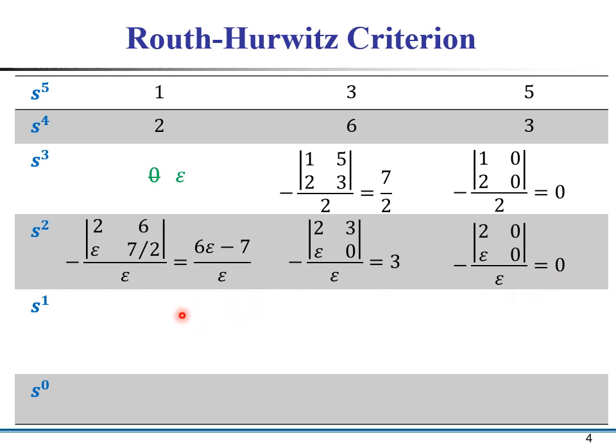Similarly, we will calculate the next element, and this element will become 0 because here and here we have 0. So just try your own calculation, you will get 0 over here. Similarly, you will get 0 here.